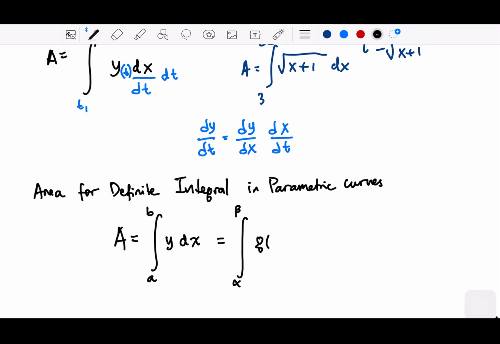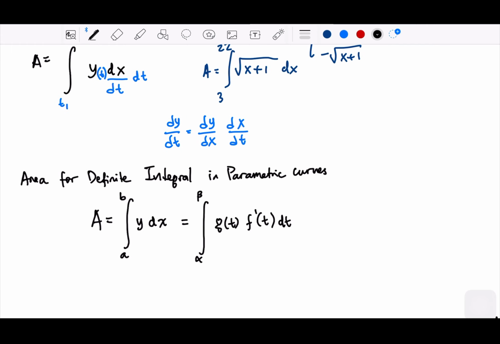And this is g of t because y is g of t, and dx is f prime of t. Or if you would like to write it with just y of t, this is also okay.